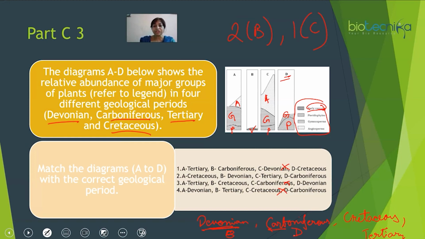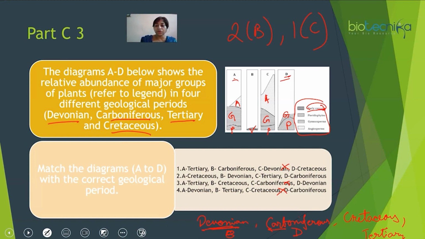Next is Cretaceous. After gymnosperms have developed much, then the angiosperms will come. First it will be the early development of angiosperms and only then the greater diversification. So the early development of angiosperms happens here.